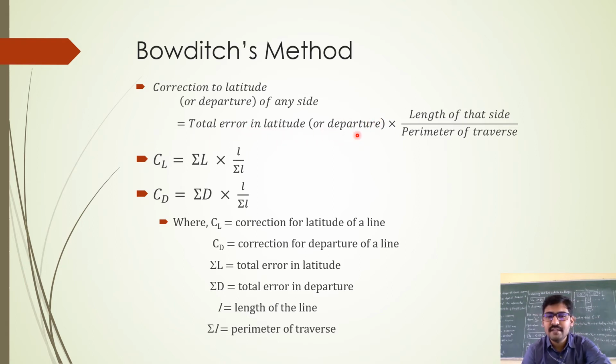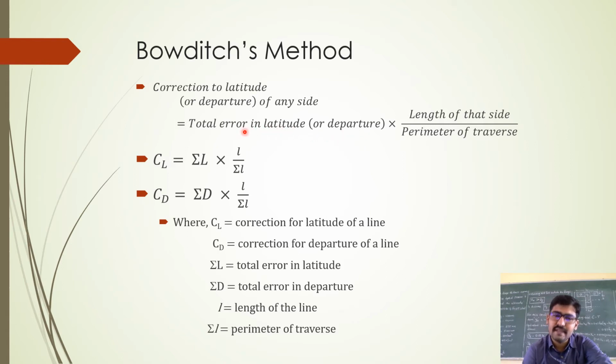Total error in latitude is summation L and total error in departure is summation D.